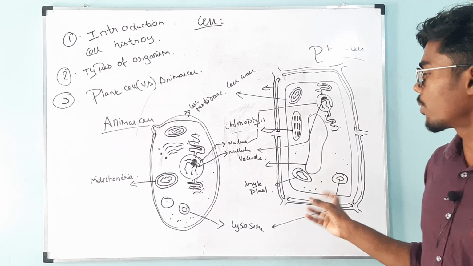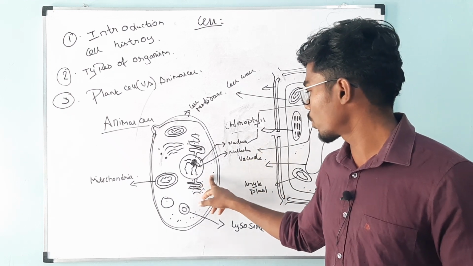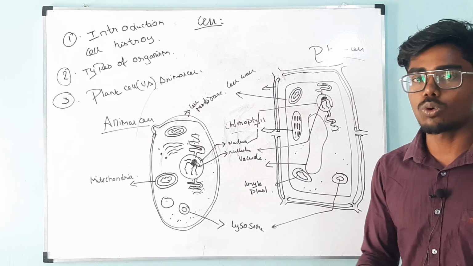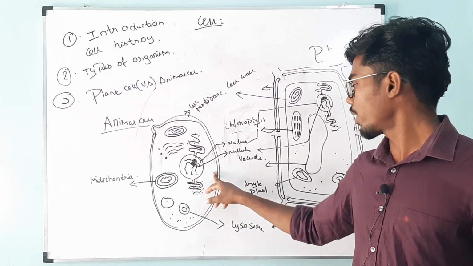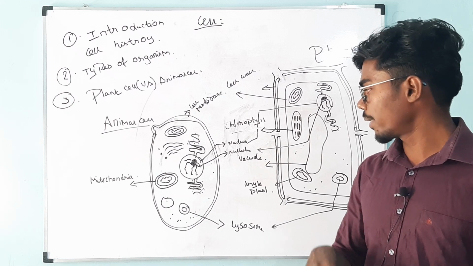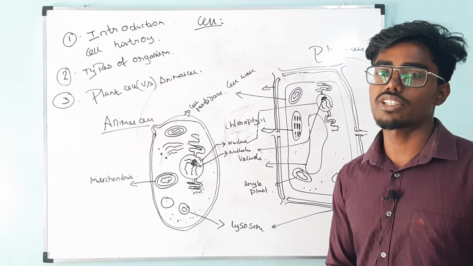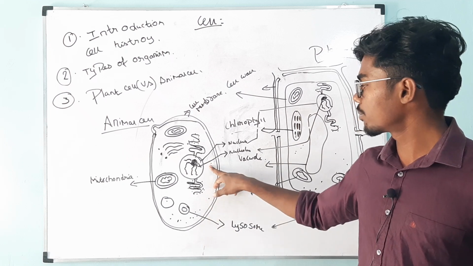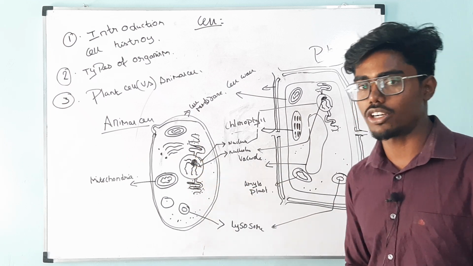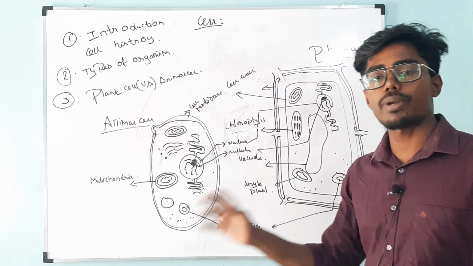Another important thing is the nucleus. The nucleus is the controlling unit of the whole cell. It has chromatin material, which contains the DNA. It makes the cell function uniformly, and attached to it are the smooth endoplasmic reticulum and the rough endoplasmic reticulum. Both have separate functions.